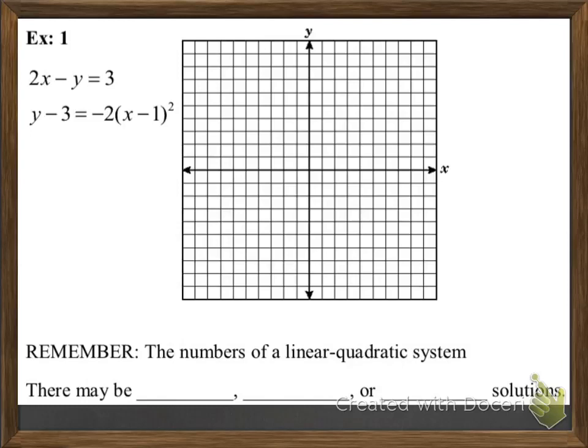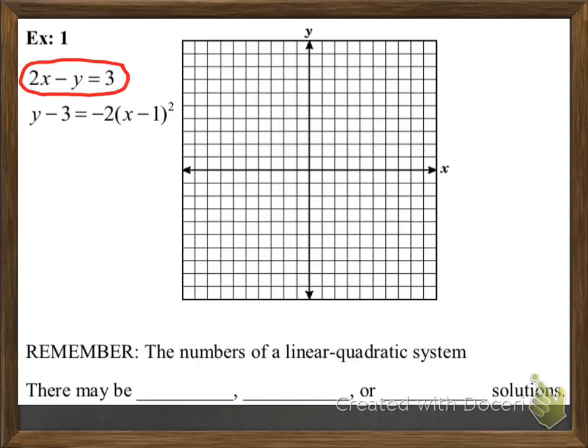All right, so on the first equation, this is our linear equation because the x has an exponent of 1. This will be our quadratic equation because it has a square on it. All right, so for the linear equation, we need to solve for y.